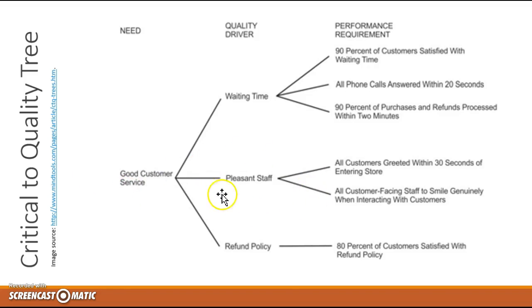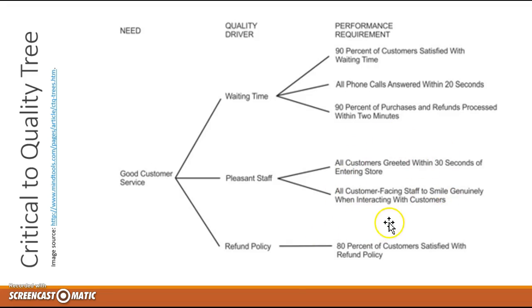To do that, we need to actually have a pleasant staff and also have a refund policy that meets their needs. So let's look at the performance requirements for pleasant staff. Pleasant staff means all customers are greeted within 30 seconds of entering the store, and all customer-facing staff smile genuinely when interacting with customers.